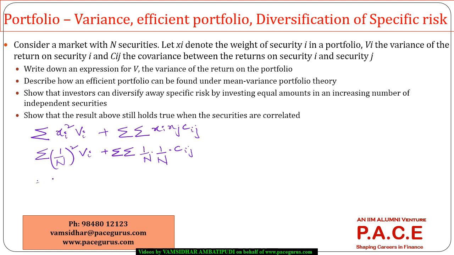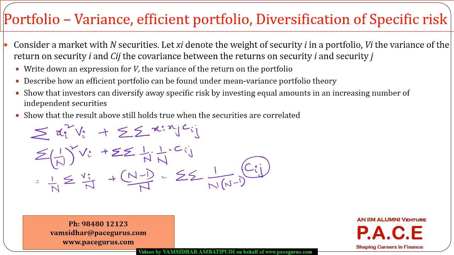Now just some small calculation, I'll take one n out, making this part Vi by n, whereas here I will take n minus 1 by n out. So if I am taking one n out and n minus 1, this is becoming 1 by n into n minus 1 in the denominator and Cij. Cij is talking about the pairwise covariances that exist between the assets.